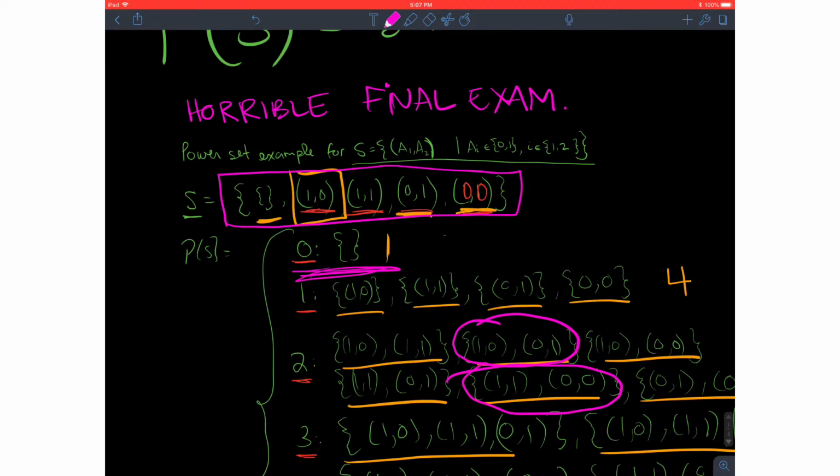It's kind of silly, but the empty set is an element of any set, let's say E, except when E is equal to the empty set. Okay, so that's the case there.